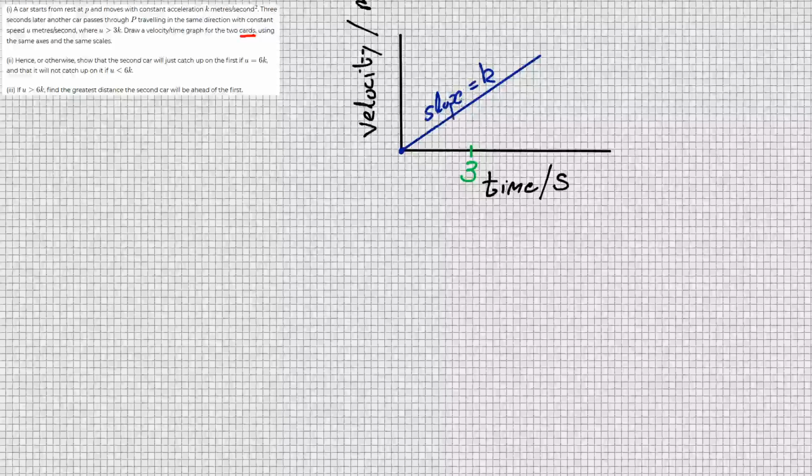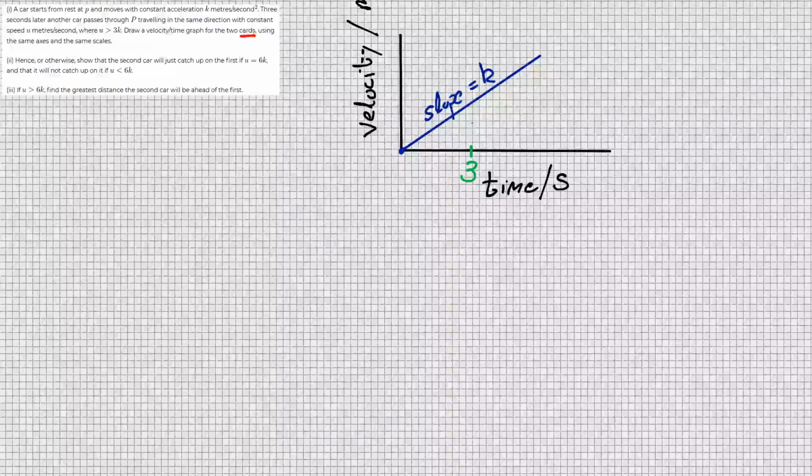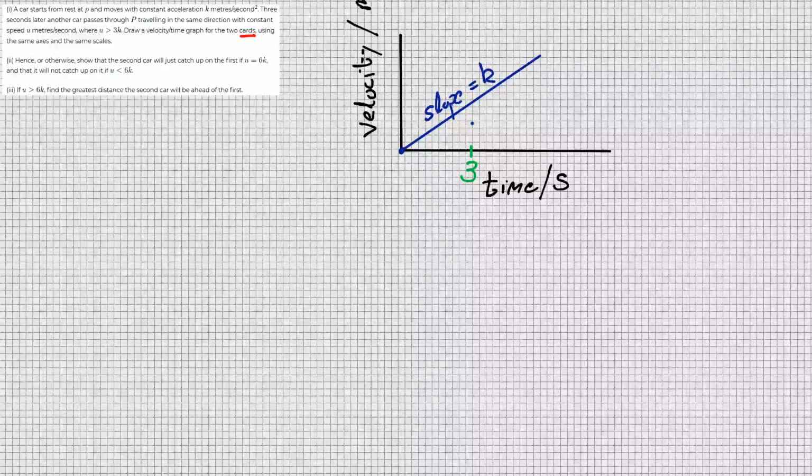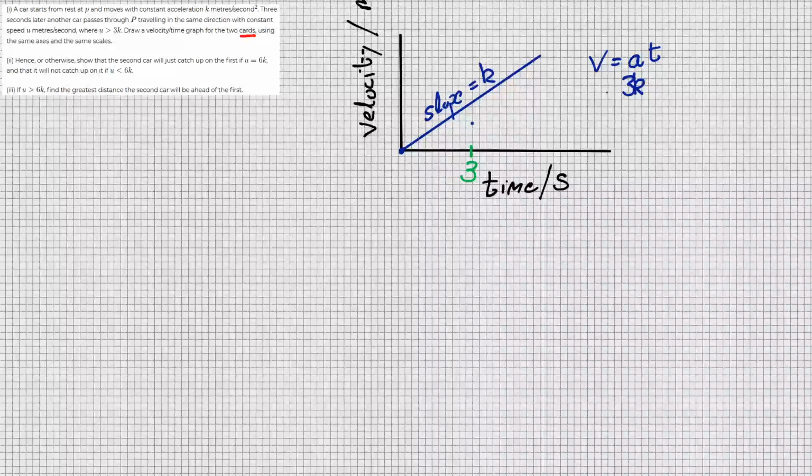Now actually we could think about whether it should be above or below the line. u is bigger than 3k. So if we just think for a moment, v equals u plus at, the u is 0, the a is k, and the t is 3, and u is bigger than 3k, so I think they'd be wanting us to put it up higher.